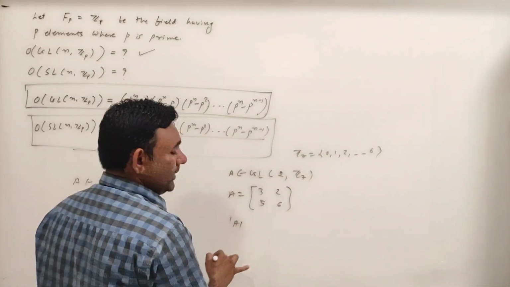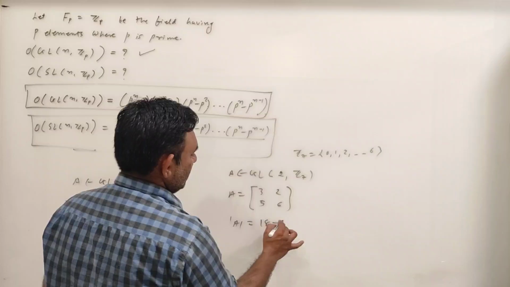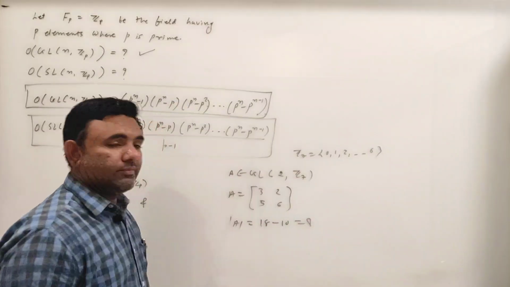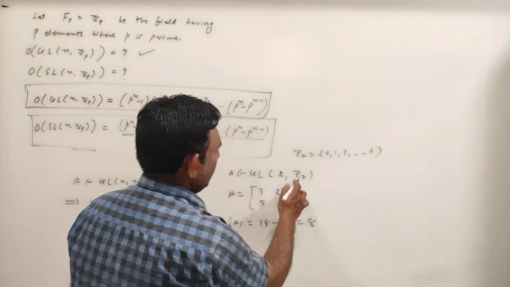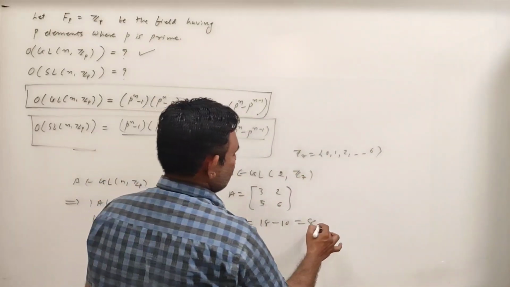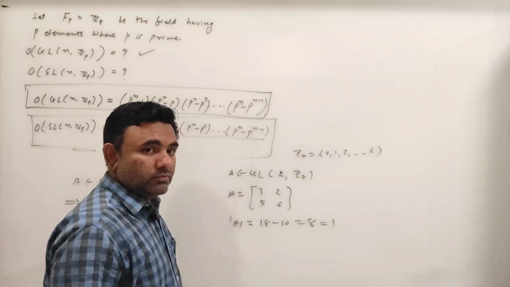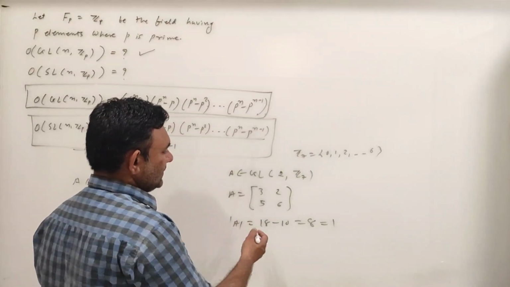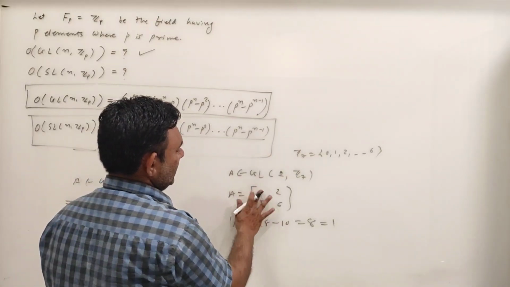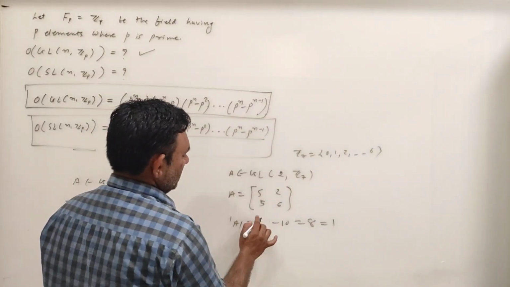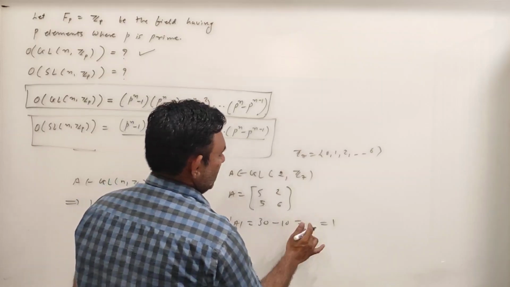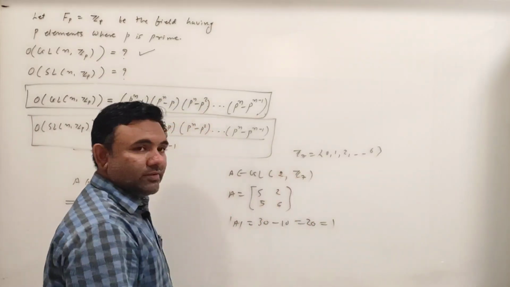So what will be the determinant? Determinant is 18 minus 10, that is 8, right? So what do you mean by 8 in Z7? 8 in Z7 is just modulo, so it is 1. And here it could also be something else, let me consider here 5, so it is 30 minus 10, so it is 20, but 20 in Z modulo 7 is what?